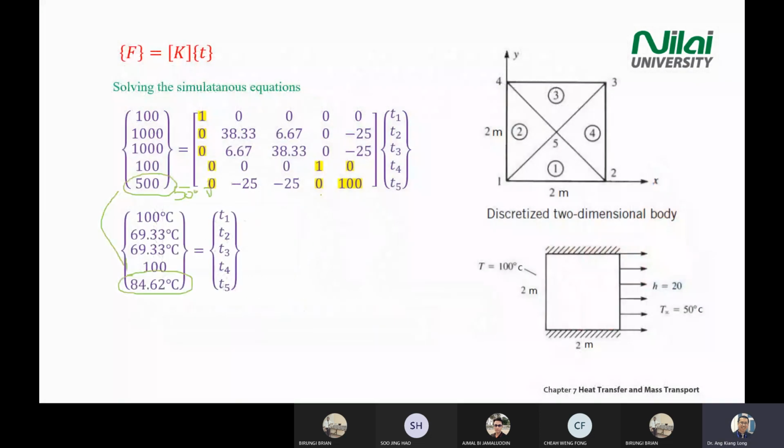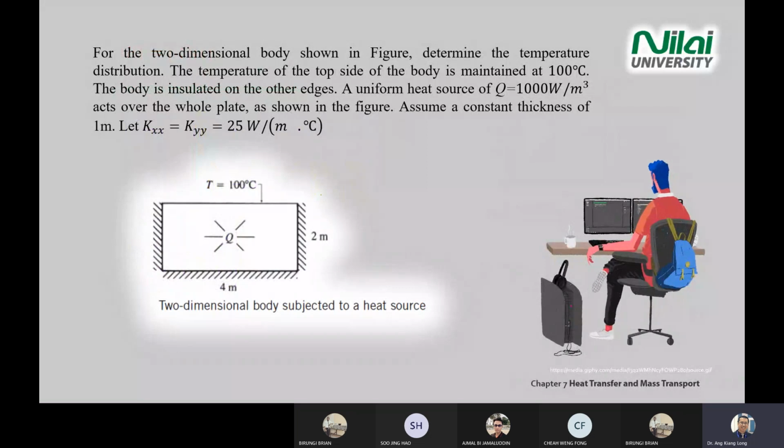What else? Then there's one more example that I expect you to go and read yourself. It's the same steps, but a different scenario, a different area of insulator. However, this one comes with the Q, with the heat element at the middle of the element. So inside the calculation, you'll see we need to calculate the forces including the Q factor there.